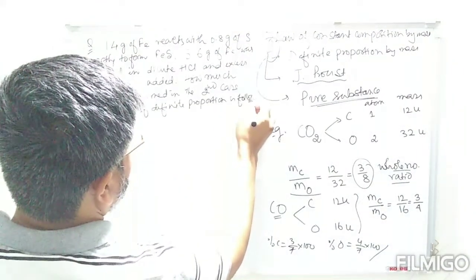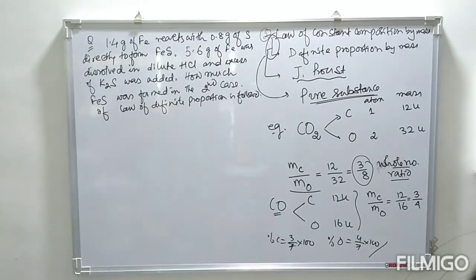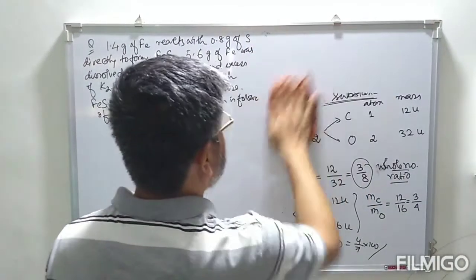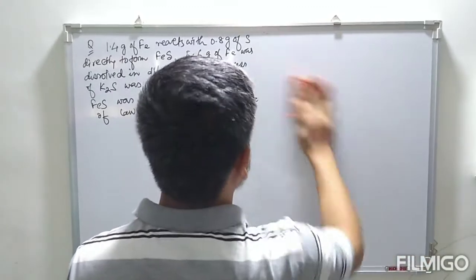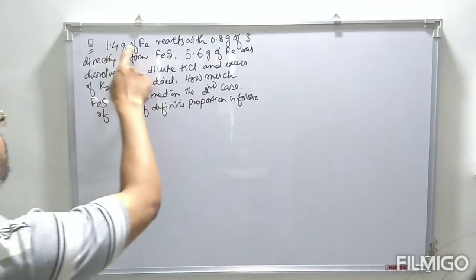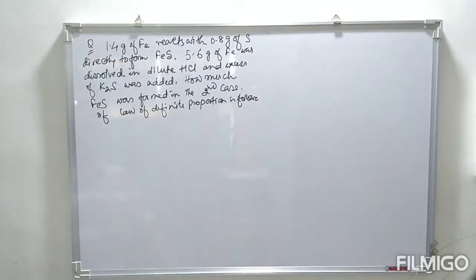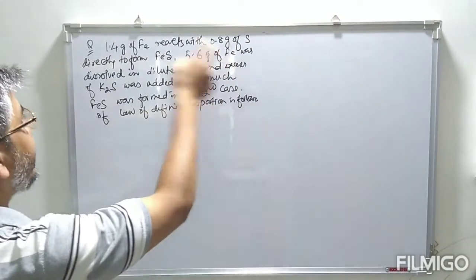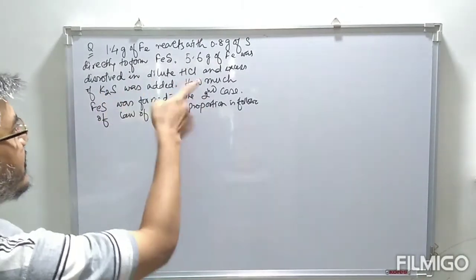So the question clearly says the law of definite proportion by mass is to be followed by this reaction. We have two cases here. In the first case, 1.4 gram of iron reacts with 0.8 gram of sulfur to give iron sulfide. In another set of experiment, 5.6 gram of iron was dissolved in HCl and excess of potassium sulfide was added.